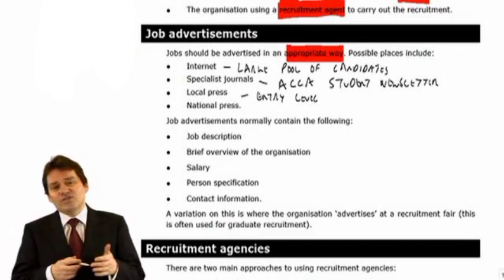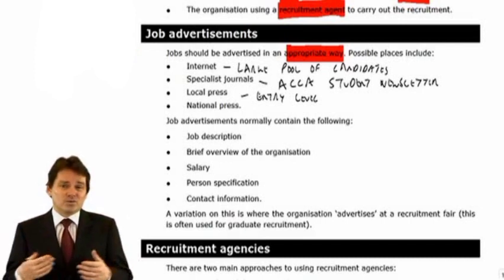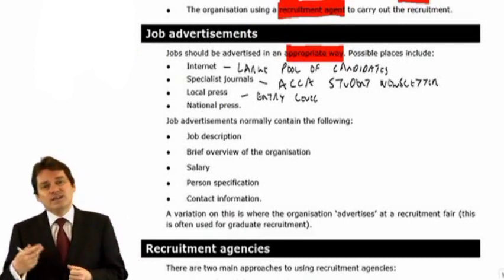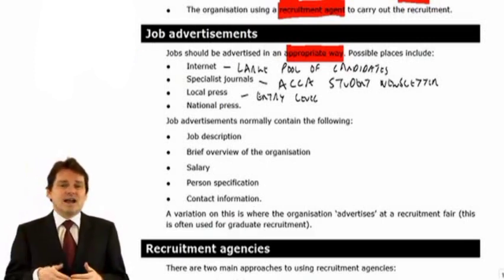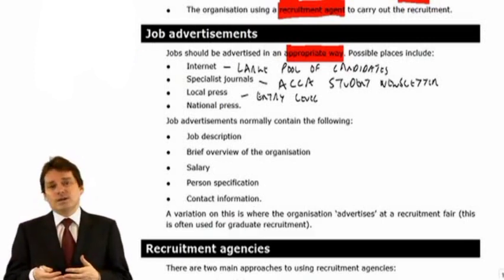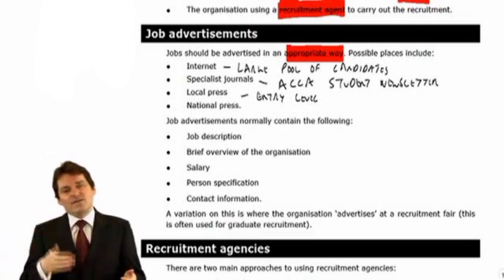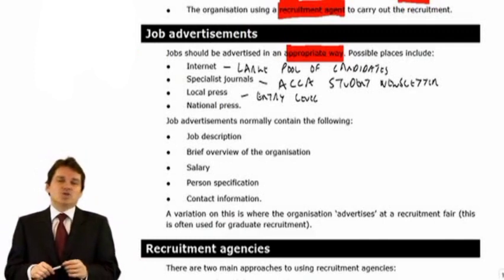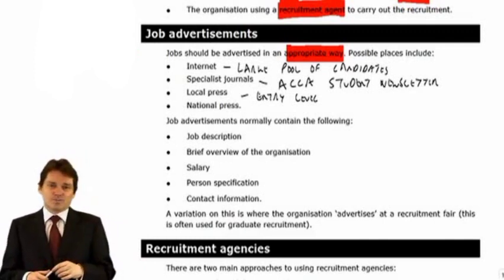Because you're not looking for anybody with particular skills, because they won't have got those skills yet. You're probably looking for somebody relatively young, and because of that, they probably won't necessarily have a lot of money, so they will probably be living locally. So the idea is that you advertise to where these people are going to read about your organisation. So the local press is a good way of getting more junior level jobs.